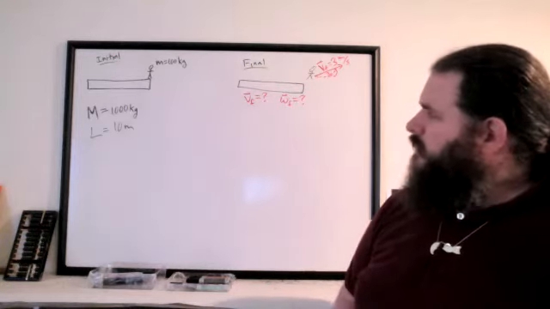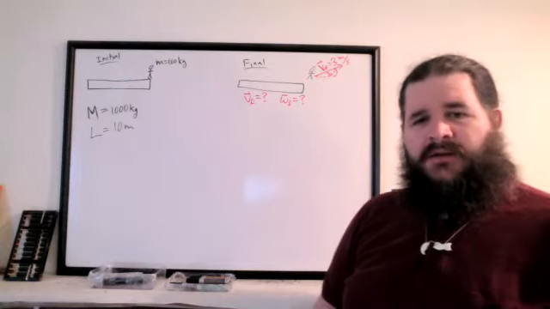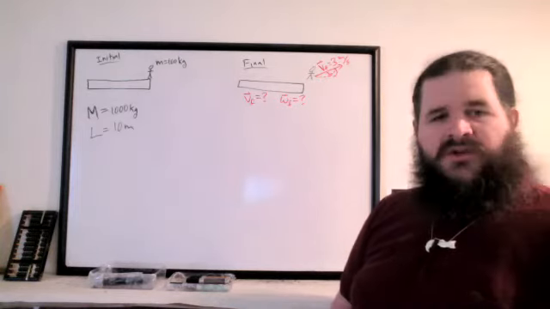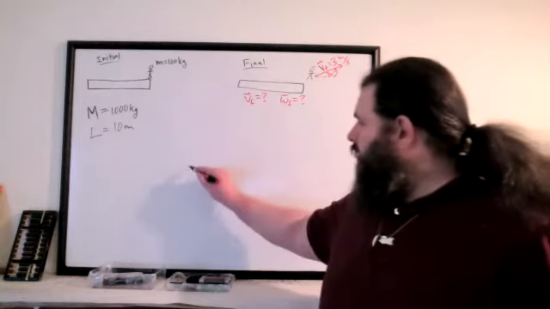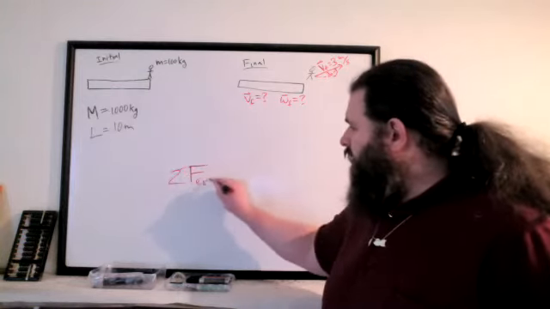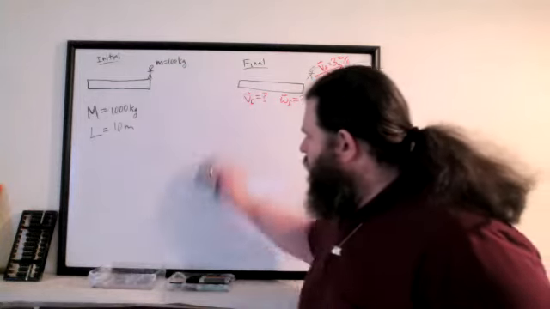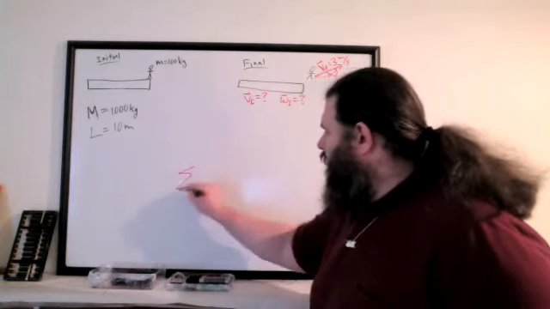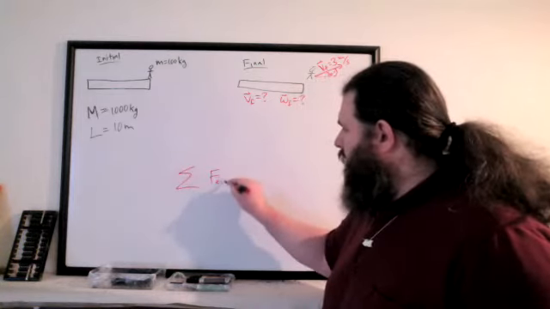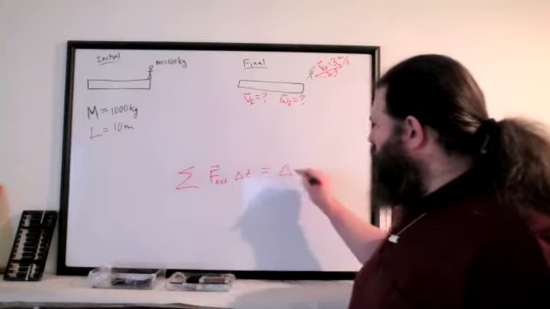For the translational momentum, we can assume conservation of momentum here, because there's no external force. If there was an external force, then the sum of all those external impulses, force times time, tells you the change in total momentum.